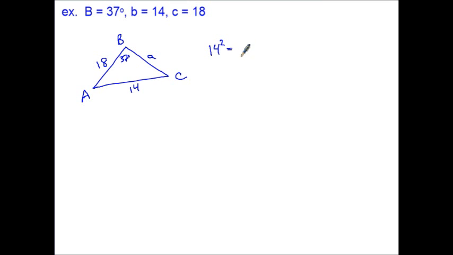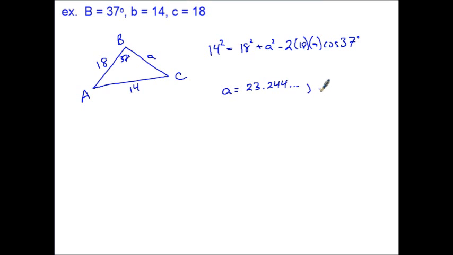Then I've got the 18 and the a squared as the other 2, minus 2 times 18 times a times the cosine of the angle, 37 degrees. Again, moving everything over to the right-hand side to make a quadratic and typing that in eventually gives me a equals 23.244, which makes a lot of sense.